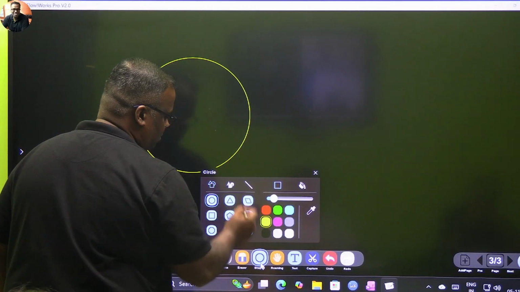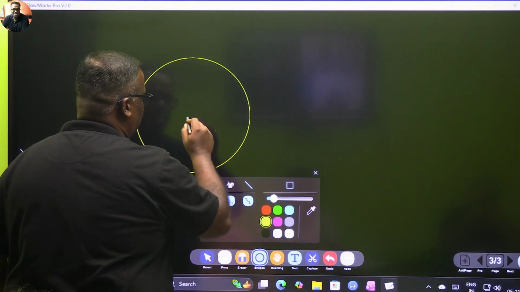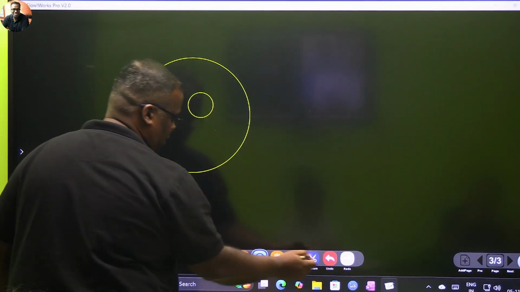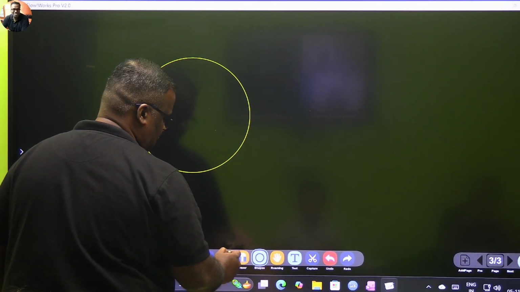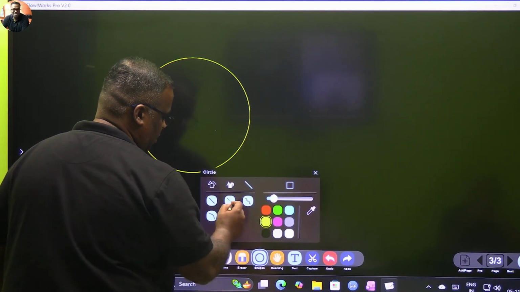Suppose I have got this radius. Hang on, one minute, let me make some lines.